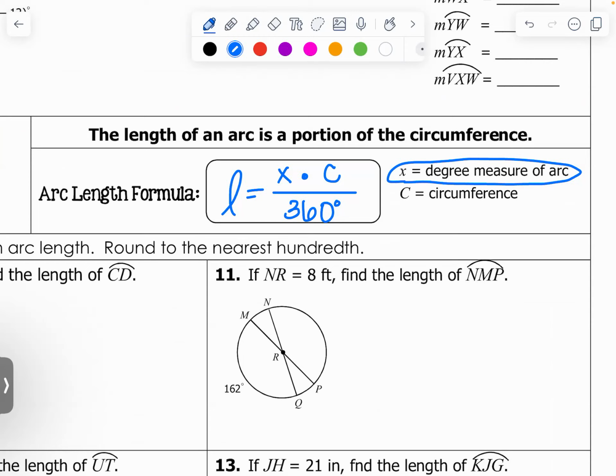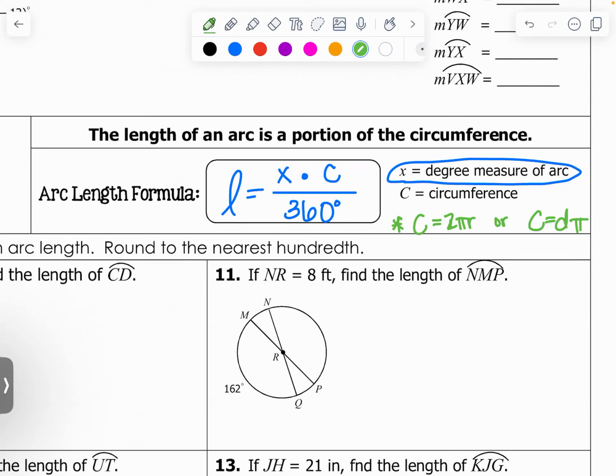Well, we know that in order to find circumference, we can use 2 pi r, or we can use diameter times pi, whichever one works out better for us. Okay.